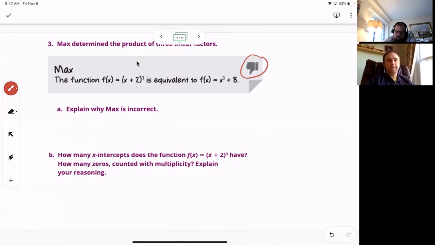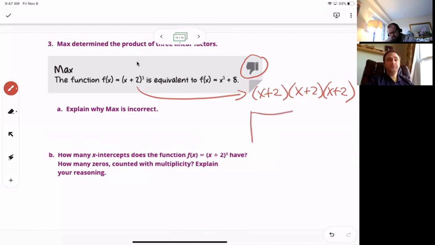Okay, so we talked about this being the same as (x+2)(x+2)(x+2). Would it make sense if we use the same type of model that we used before to multiply this out? I think so. If we do x plus 2 and x plus 2, we get x^2 + 2x + 2x + 4.